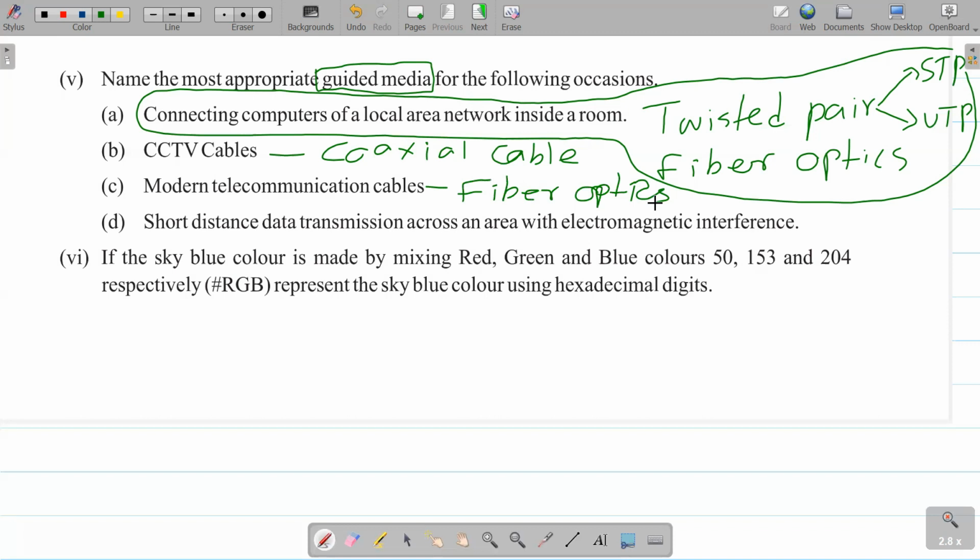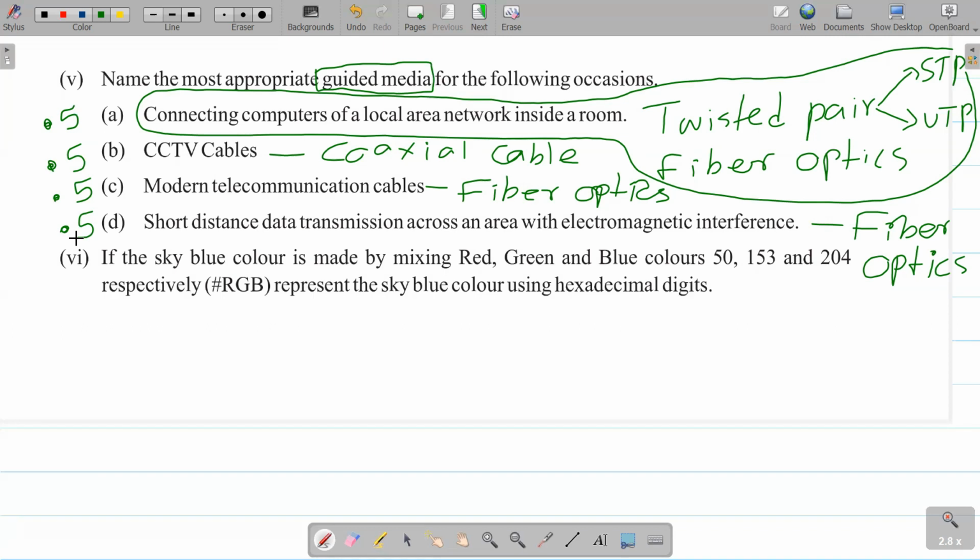Since there is electromagnetic interference, it's better to use something which does not have metal inside, like fiber optics. For each correct answer you only need to write one media, even though there are many, specifically for the first one. Suggesting one media gives you 0.5 marks, which gives 2 marks in total.